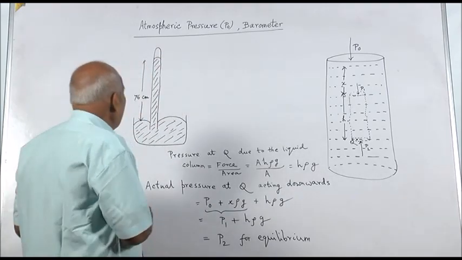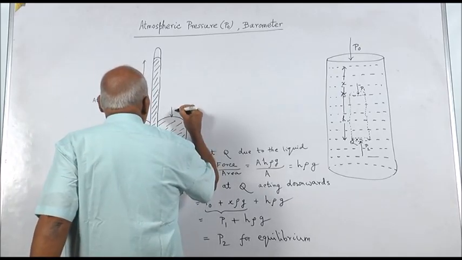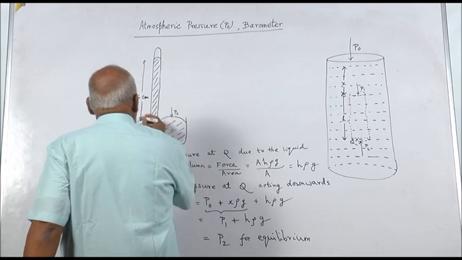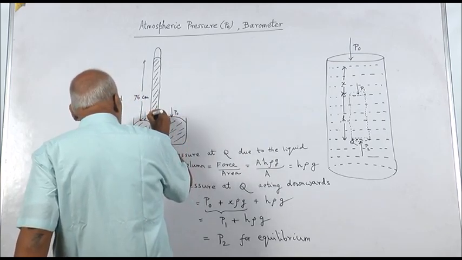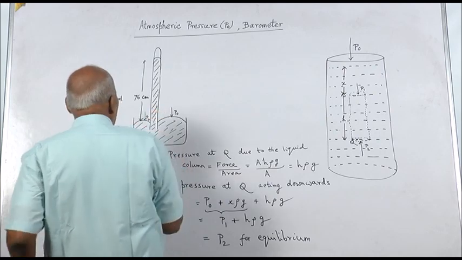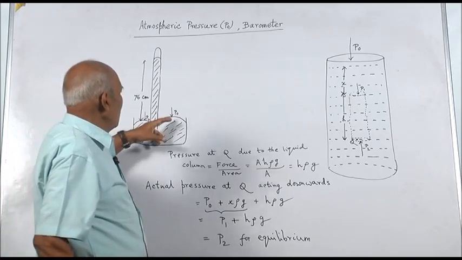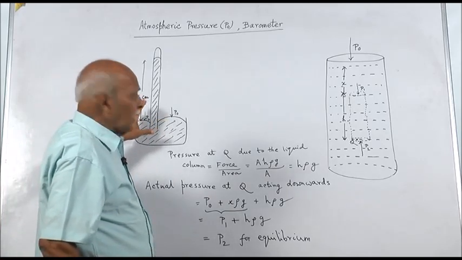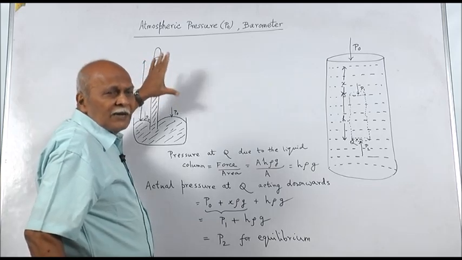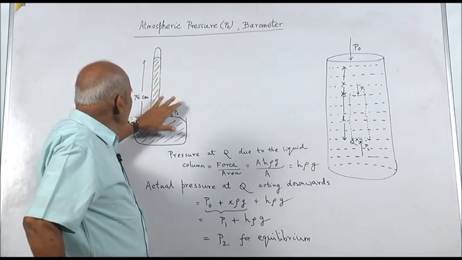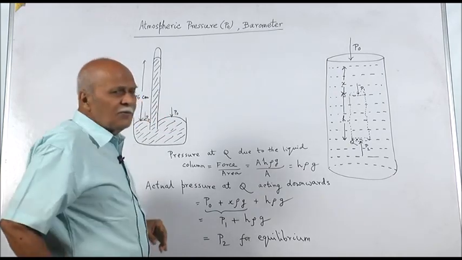Then he said that there is atmospheric pressure P0 here, and everywhere it is atmospheric pressure P0. So, this P0 is responsible for maintaining the height. That means atmospheric pressure can be measured with the help of a 76 centimeter mercury column.